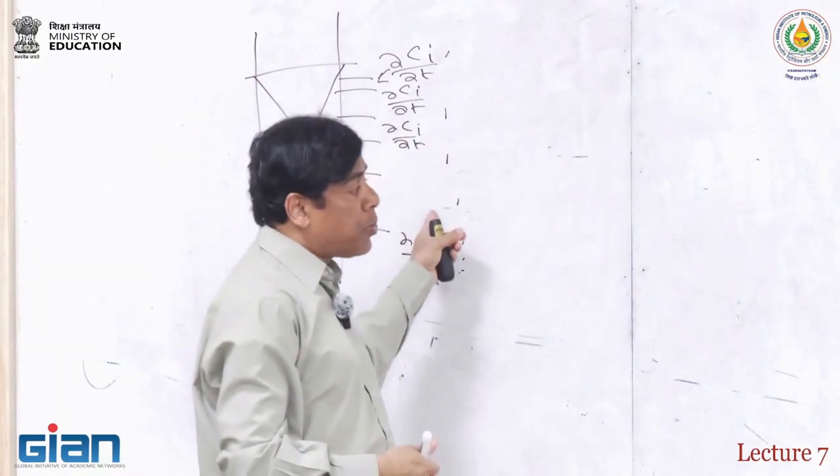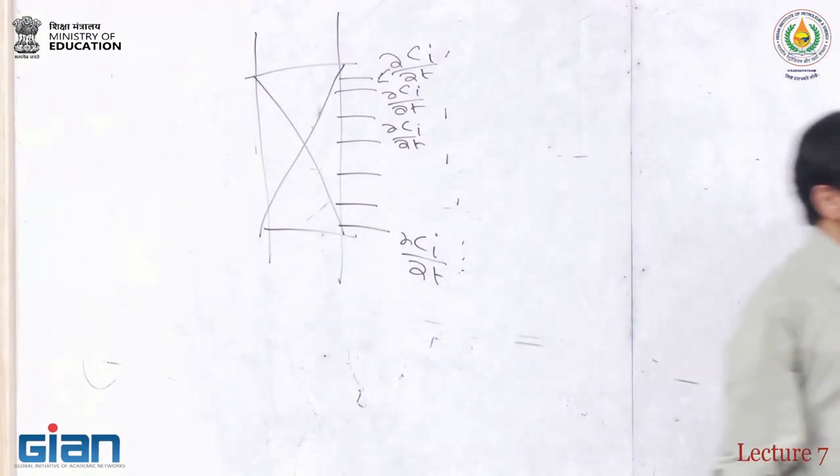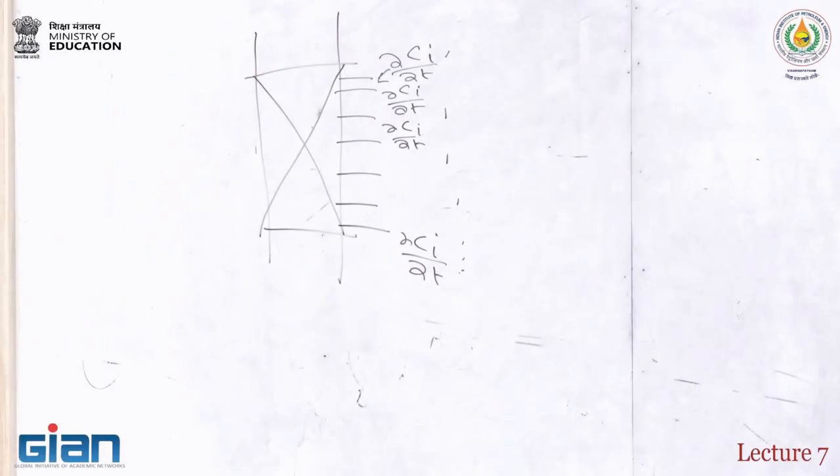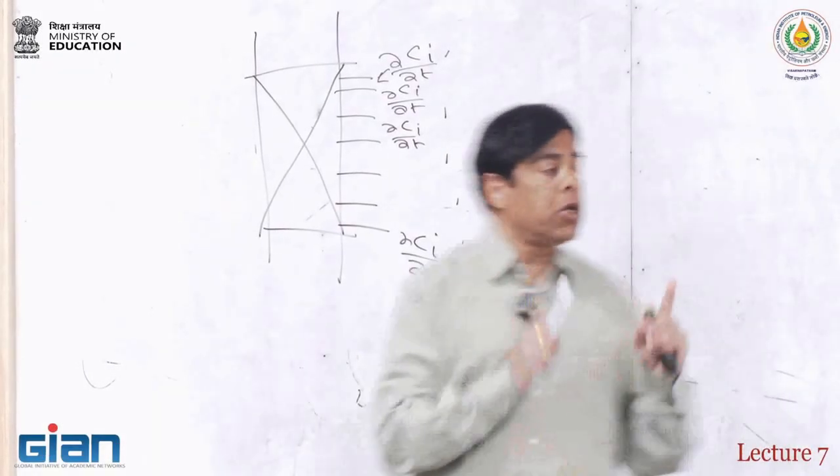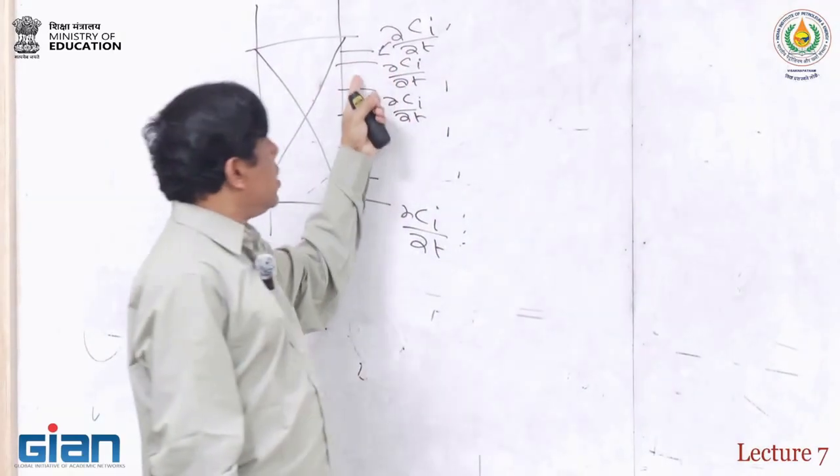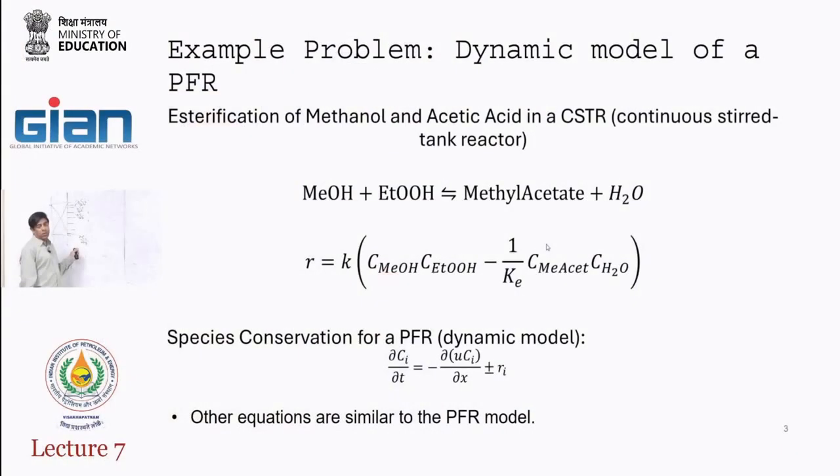What is discretized is the space, but the time derivative remains. So I need to solve these equations at each of these places. If I discretize more, I am actually increasing the number of time derivatives that I need to solve.